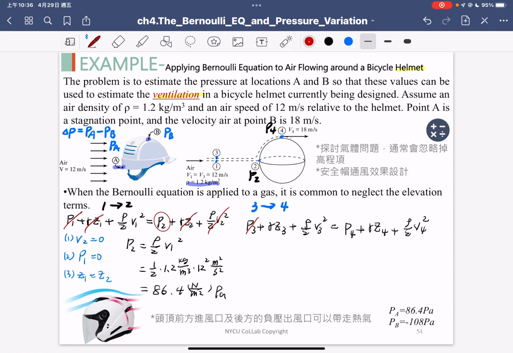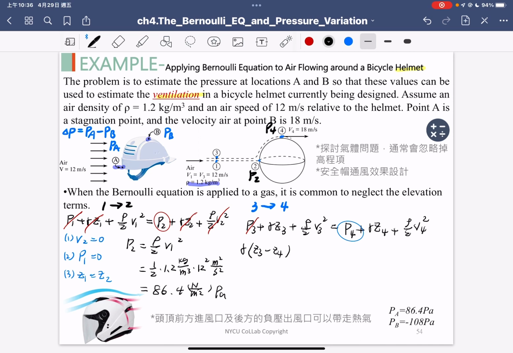Okay, and then we need to know our target. We need to know how large the P4 is, so we just keep the P4 on one side. We move all of the other parameters to the left hand side. So we have gamma times Z3 minus Z4.